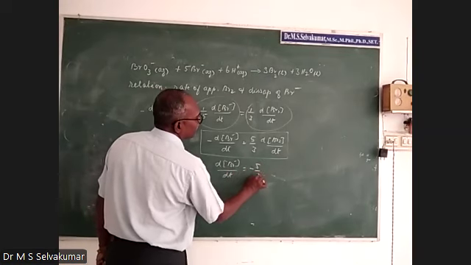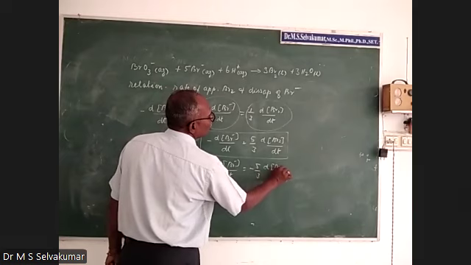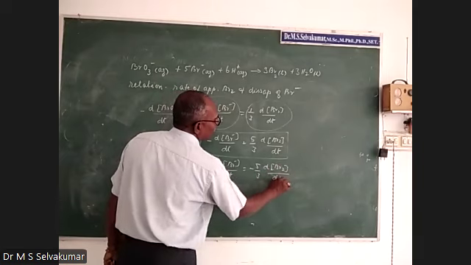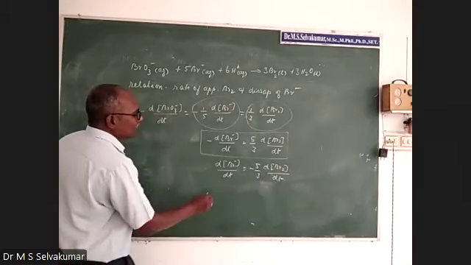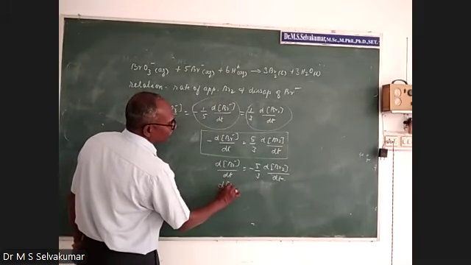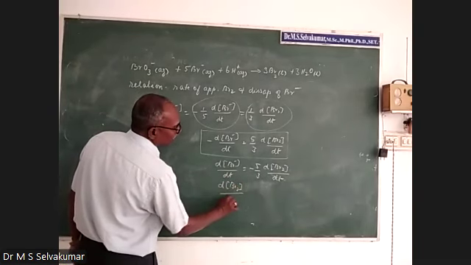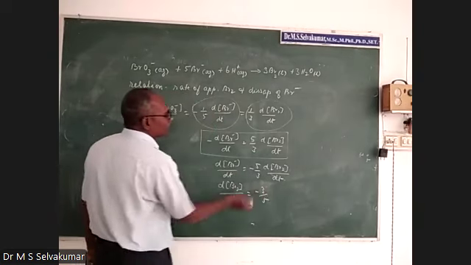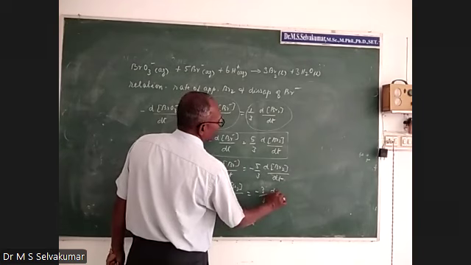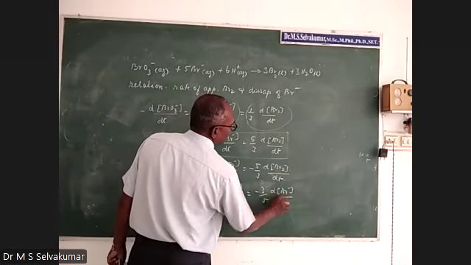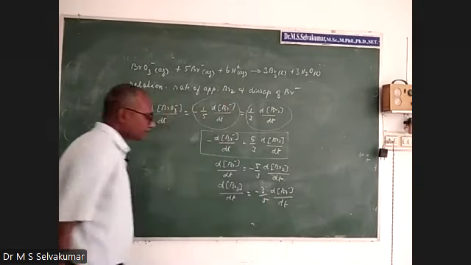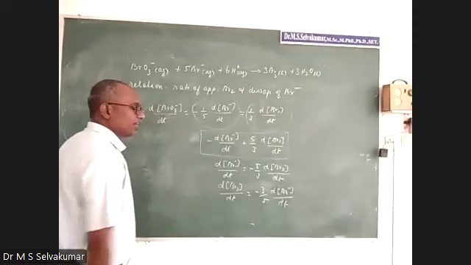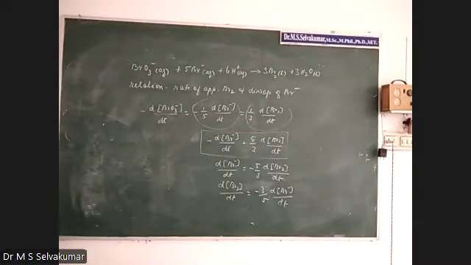Minus 5 by 3 d Br2 by dt. Answer may be given like this, or like this also. d Br2 by dt is equal to minus 3 by 5 dBr minus by dt. All are correct answers. Or minus can be put over here. It is only a mere play of numbers and signs. Clear?